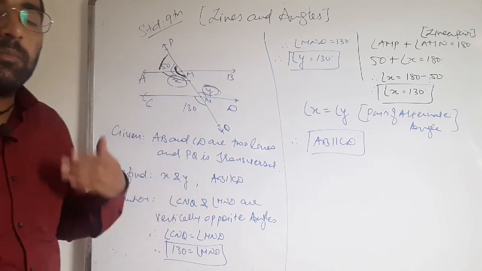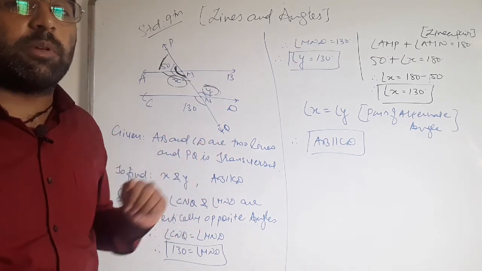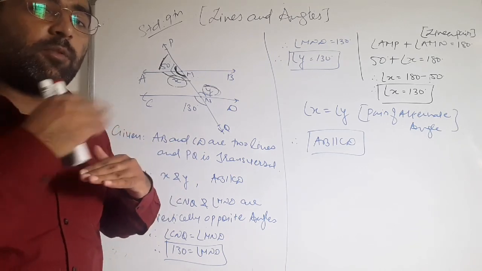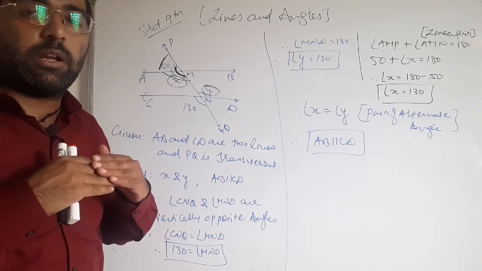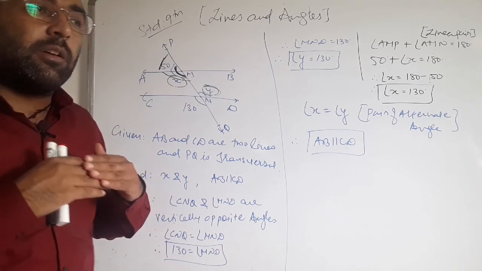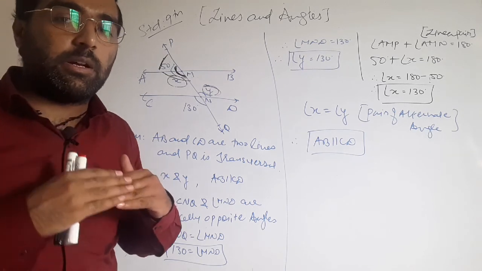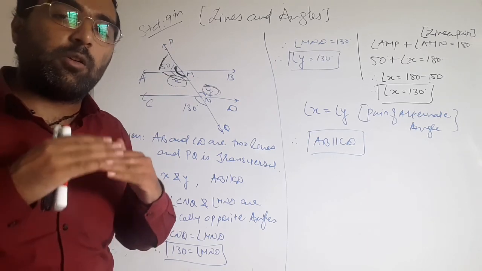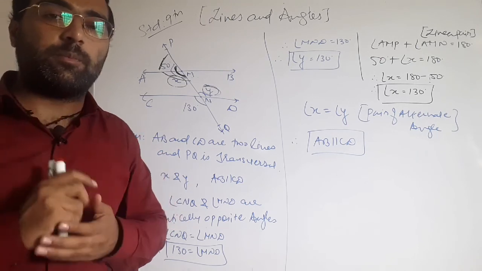Okay, from the theorem that I'll teach you, the basic concept before this question is that if lines are parallel, then pairs of corresponding angles, alternate angles and co-interior angles are formed. But if a pair of corresponding angles, or a pair of alternate angles, or a pair of co-interior angles is formed, then also we have to say that both lines are parallel.